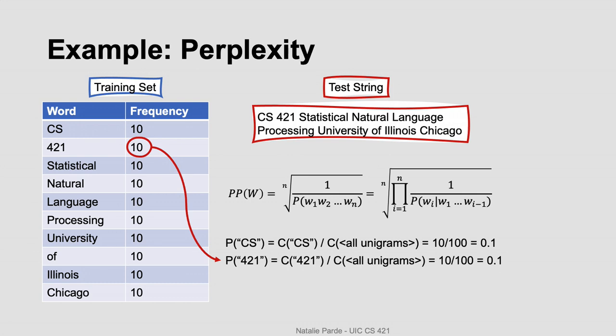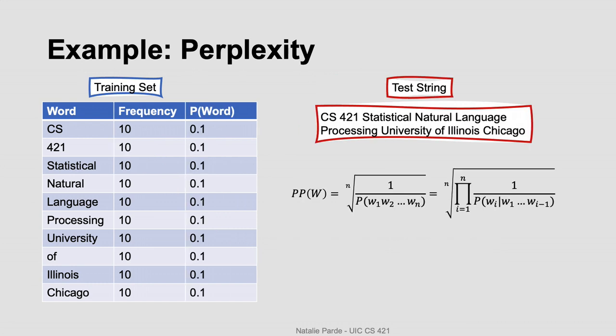We'll move on and do this for the next word, 421, and find that its probability is also 0.1. We go all the way through our test string, and since the words all occurred in the training corpus with equal frequency, they end up all having the same maximum likelihood estimates. So now that we have our probabilities for each word, we can go ahead and find the overall perplexity for our test set.